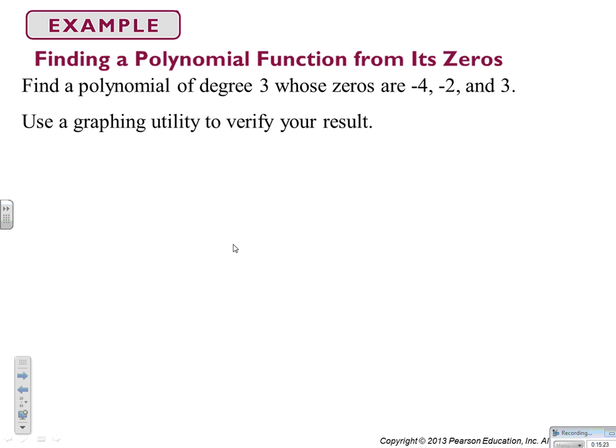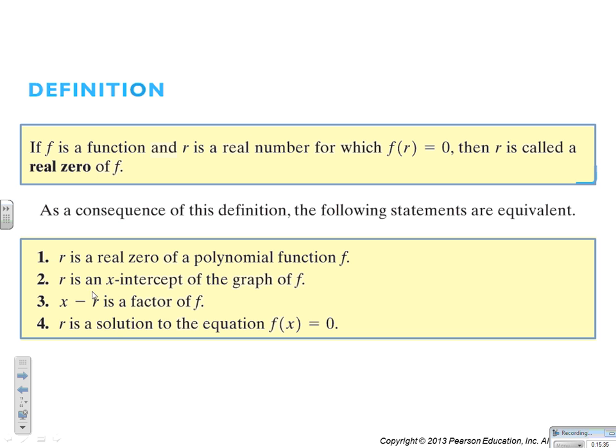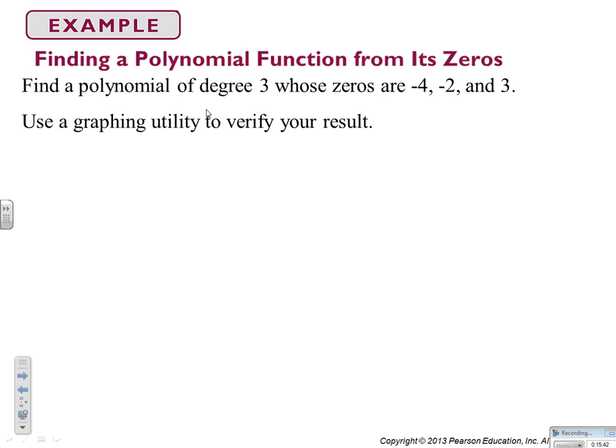Okay, find a polynomial of degree 3 whose zeros are -4, -2, and 3. Use a graphing utility to verify your results. So if we go back to one thing we know for sure, x minus r is a factor. So when we're putting together a polynomial, we say x minus -4, x minus -2, and x minus 3 are all part of our function.